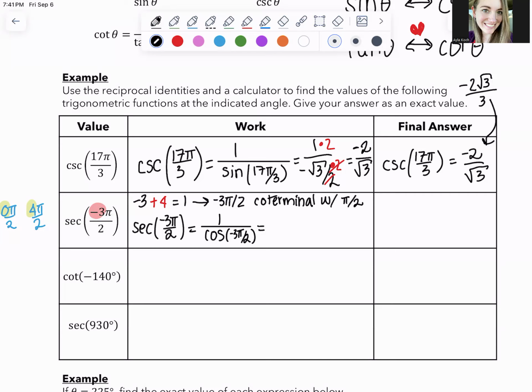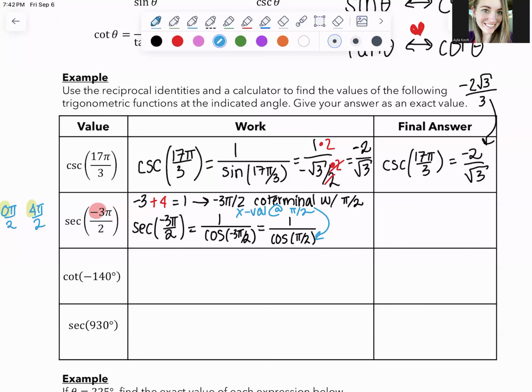But cosine of -3 pi over 2 is the same as cosine of pi over 2. So it's 1 over cosine of pi over 2. So that's the x value at pi over 2. That's what cosine of pi over 2 is.